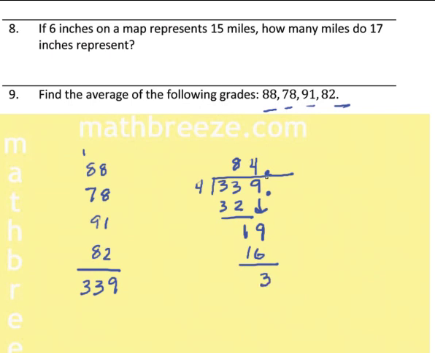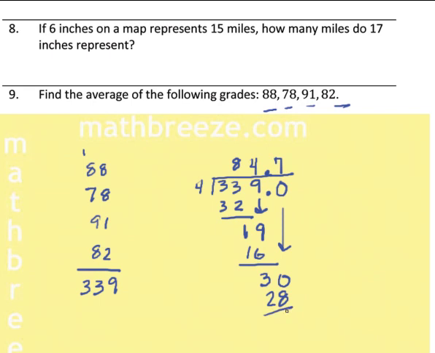Okay, let's get another decimal place. So add a 0 to the right of the decimal. All right, and we'll bring that 0 down. And 4 into 30 is 7 times.